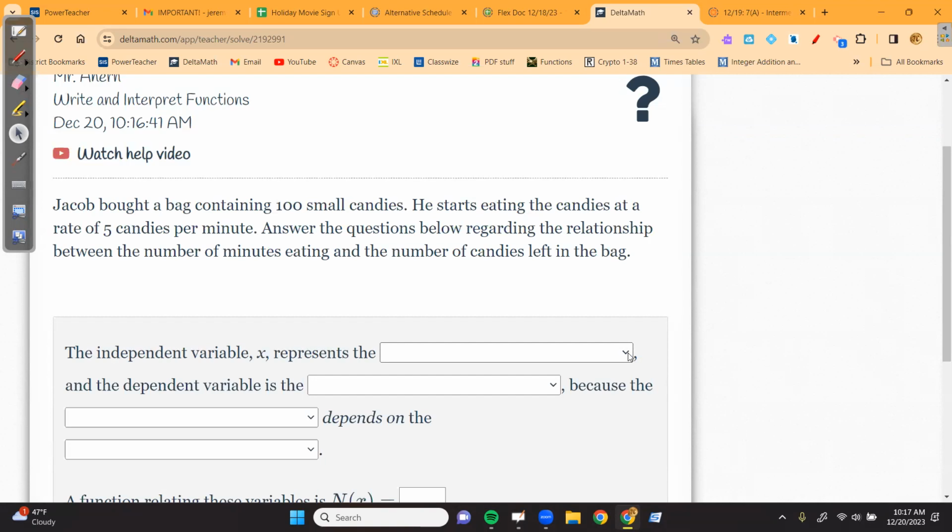If he eats candies for 2 minutes, he's eaten 10. If he eats candies for 3 minutes, that thing that's varying that I can change, 1 minute, 2 minutes, that's called a variable. Therefore, the independent variable is the number of minutes he spent eating candies. 5, the rate, is not a variable. We know all that stuff. It's not a variable if you know it. What's the dependent variable?